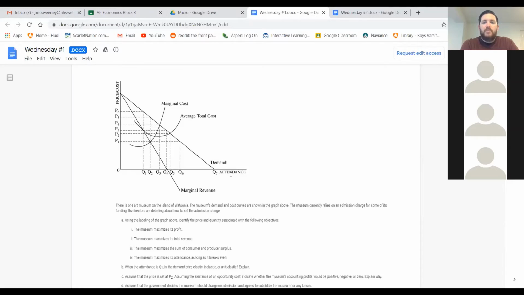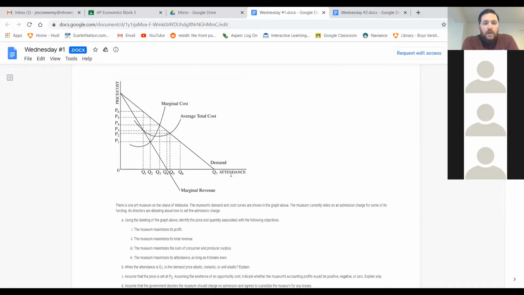It means that price is equal to the marginal cost. All right? So in this case, allocative efficient quantity is P4 and Q3, right? It's where MC intersects with demand. And that would give us our perfectly competitive output and price, or socially optimal. All 3 mean the same.